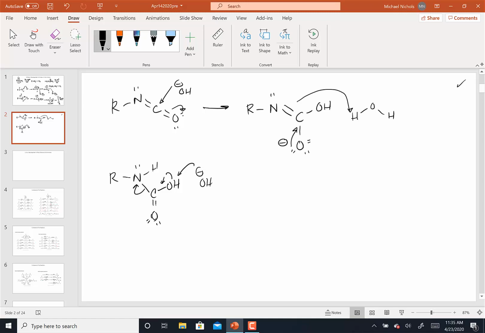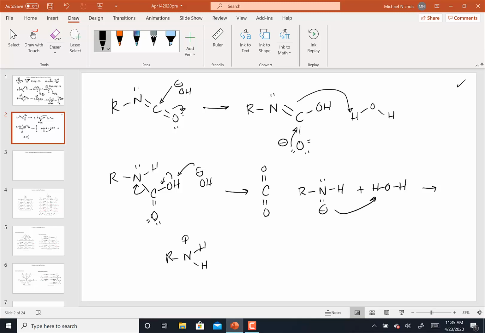So we end up forming the carbon-oxygen double bond, and as far as the nitrogen goes, it's going to have an extra pair of electrons on it, and it will have a negative charge, which will then, because it's an N-, a strong base, deprotonate the water to form the final product. So that we form the amine.